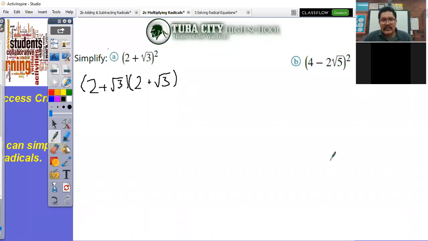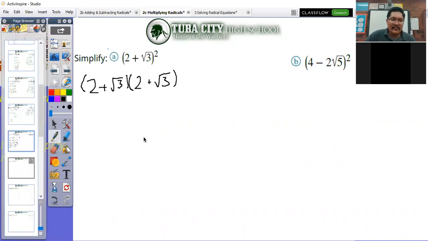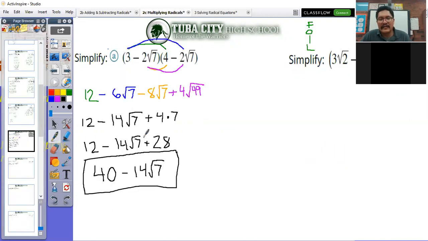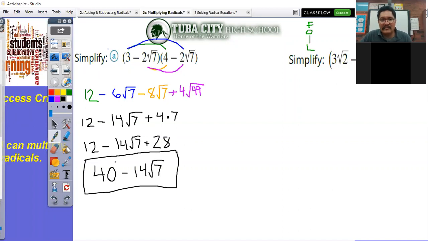So in this case, I have 2 plus root 3 twice, so I have actually 2 groups of that whole thing. And you would do the same thing. So you would use FOIL again. But again, this should be enough to get you started on the assignment. If you get stuck on one, we'll continue it tomorrow and hopefully answer any questions that you might have had. But again, I like to keep these videos a certain length, so that will be it.